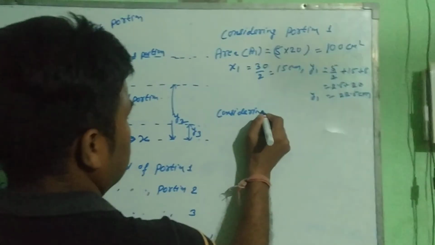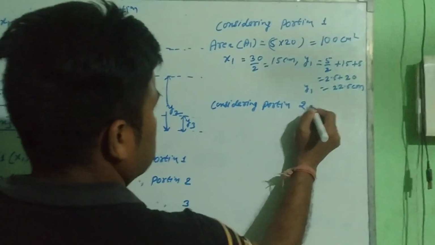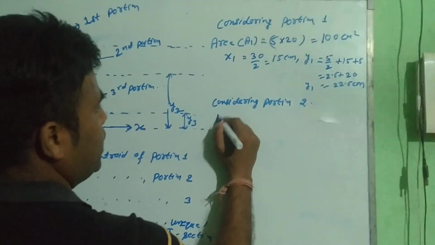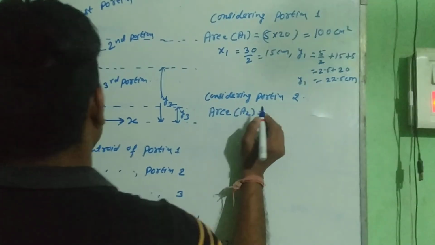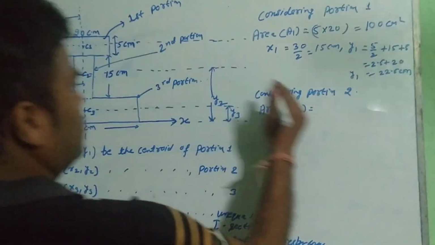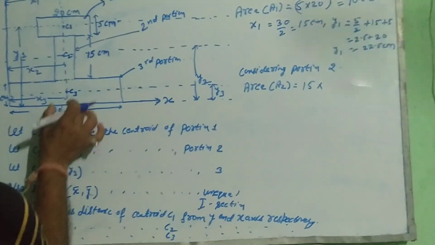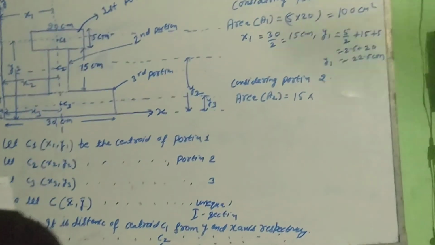Considering portion 2, area A2 will be this rectangle area. This height is 15 and this length is 5 centimeter.